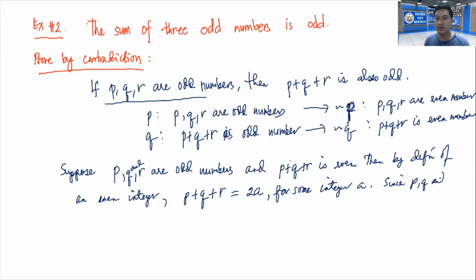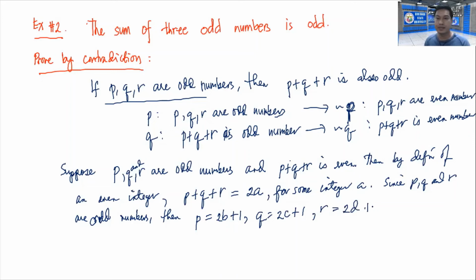Since p, q, and r are odd numbers, then p is equal to 2b plus 1, q is equal to 2c plus 1, and r is equal to 2d plus 1, for some integers b, c, and d.